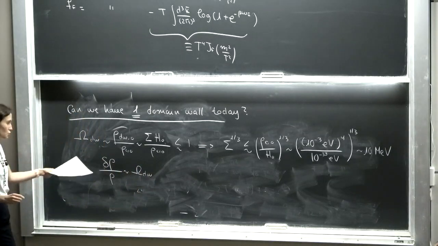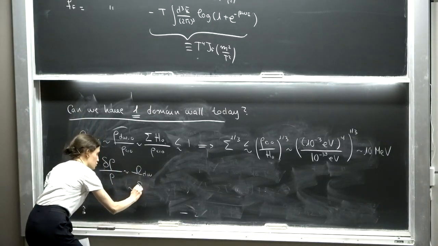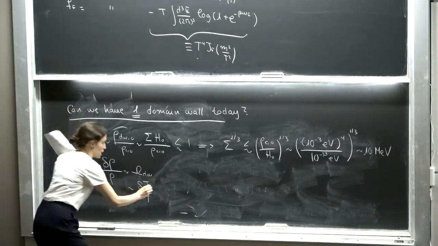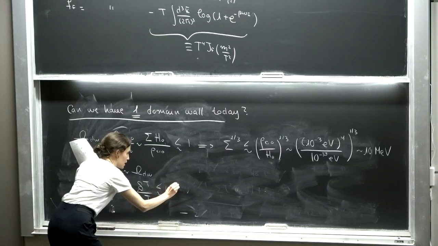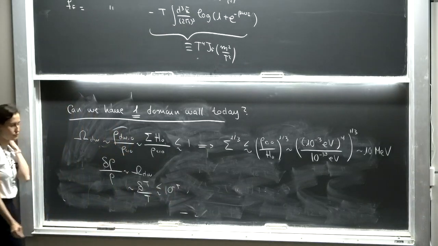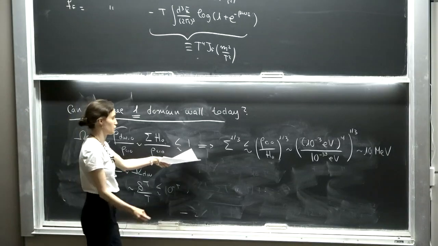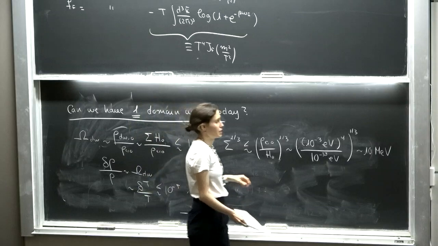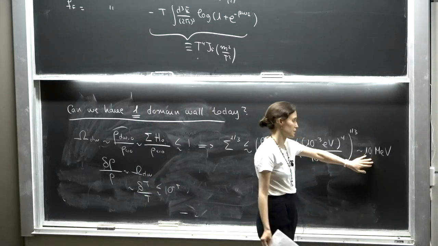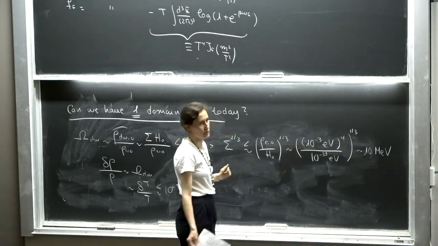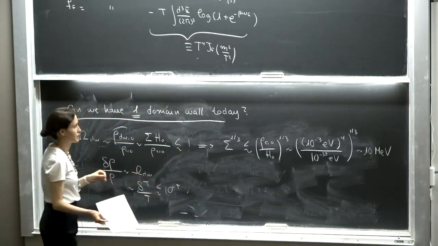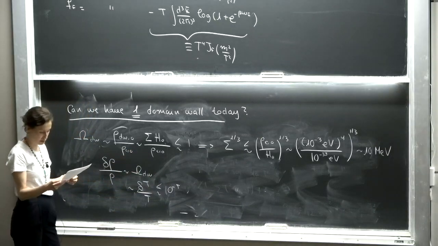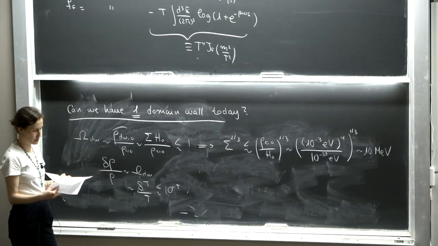But unfortunately, this would also introduce temperature anisotropies in the CMB of the same order. And we know that those actually have to be smaller than 10 to the minus 5. So I was being extremely generous here by putting this to 1. This should really be 10 to the minus 5. And then you end up with something of the order of 0.1 MeV, okay? So numbers a little bit smaller, but it comes to say that it's ruled out by a variety of considerations.